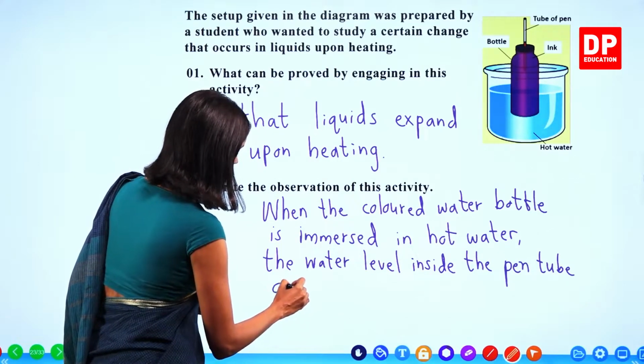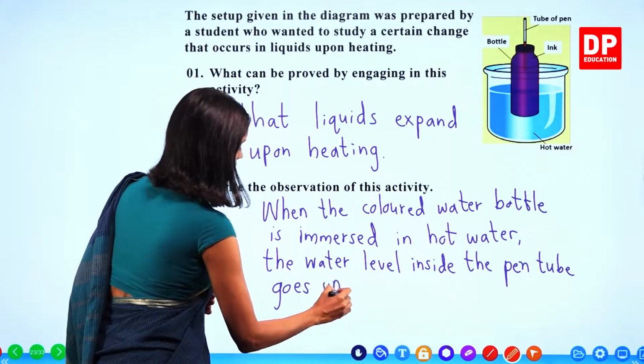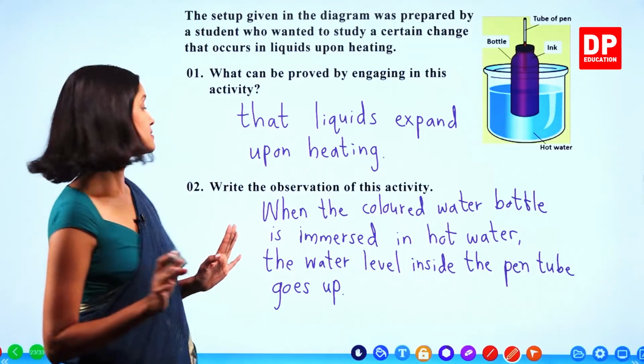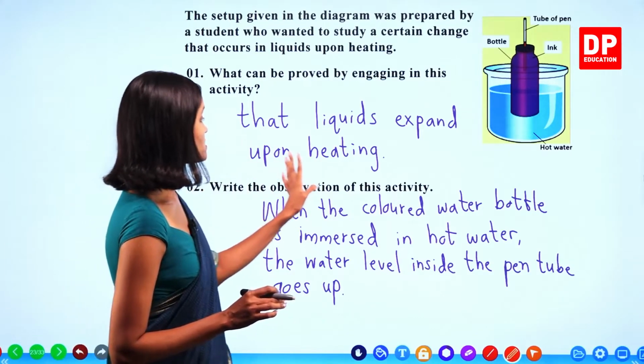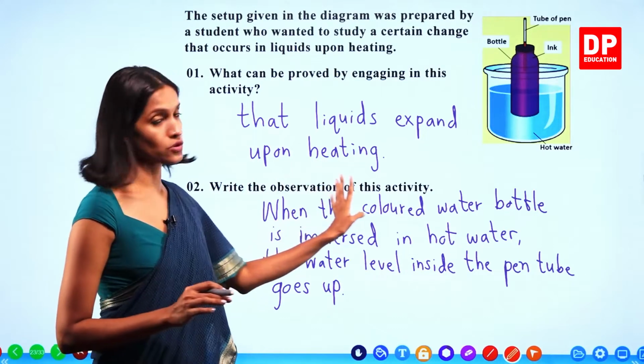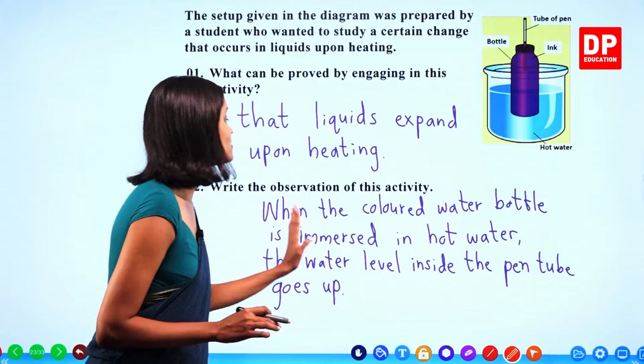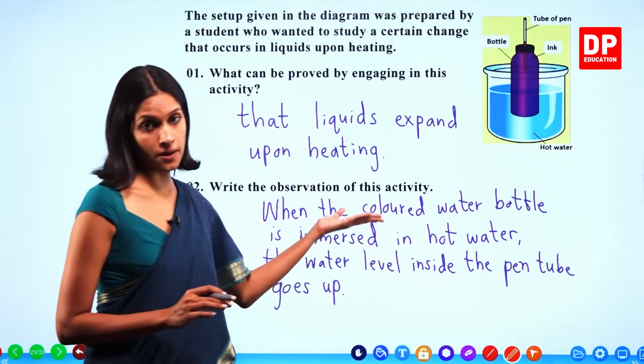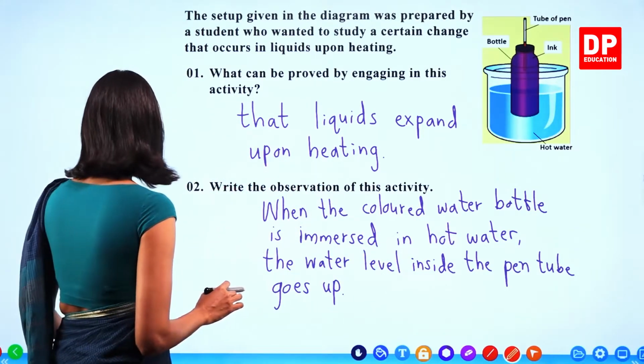Goes up. Right, children? Write the observation of this activity. When the colored water bottle is immersed in hot water, the water level inside the pen tube goes up. Right?